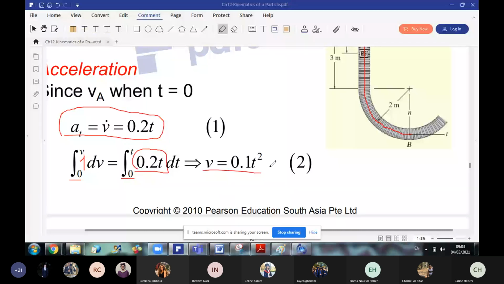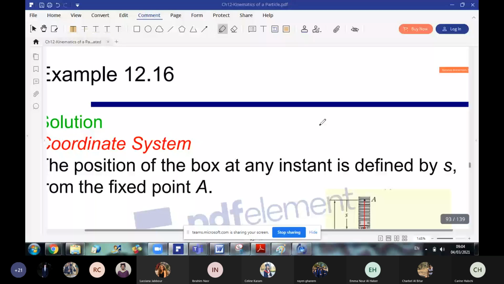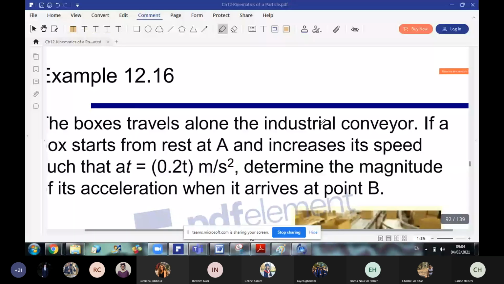Why do I need to do this? Because the question is to find the acceleration at B, and you know that the acceleration at B is a function of the velocity at B. Let me just check if they want the time also. No, they just want the magnitude of acceleration when it reaches B. But we will see together that to solve for the acceleration at B, we will need to find the time.